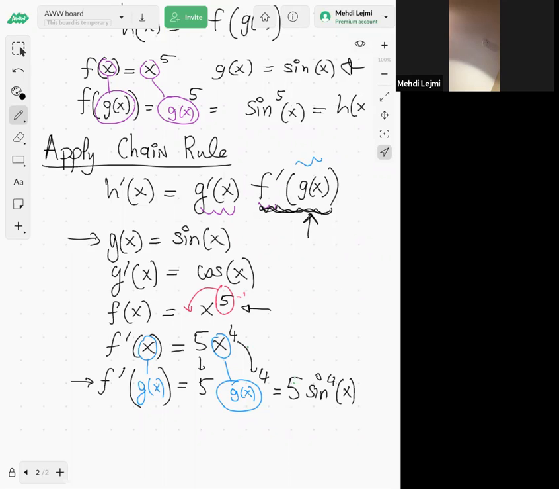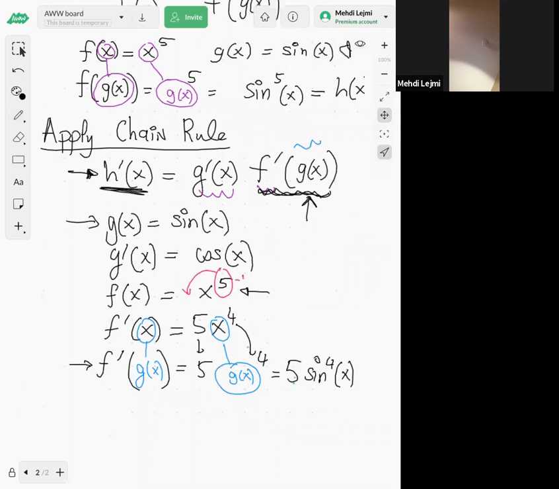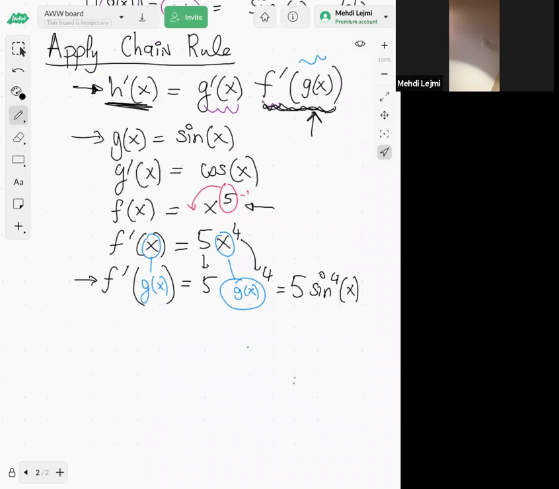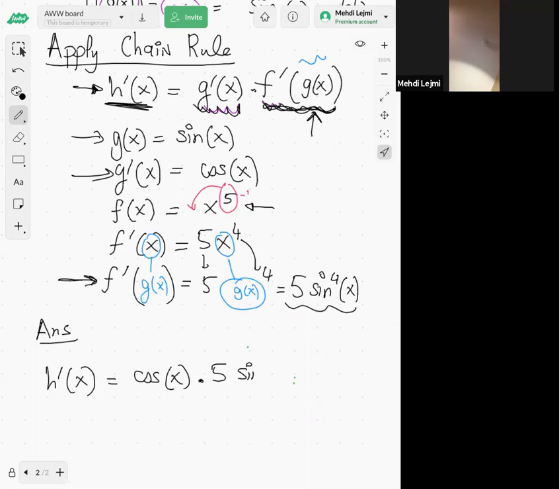Now I have everything I need to compute my h prime. So here's my answer, h prime of x. First, it's g prime, which is cosine of x, times f prime of g, which is 5 sine to the power 4 of x.